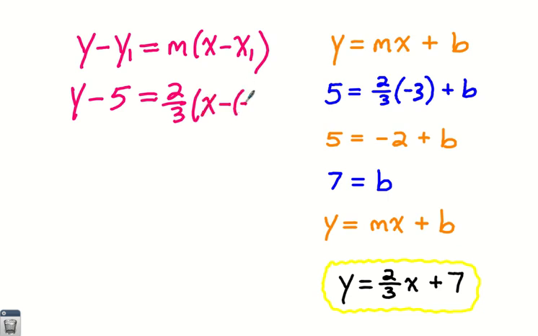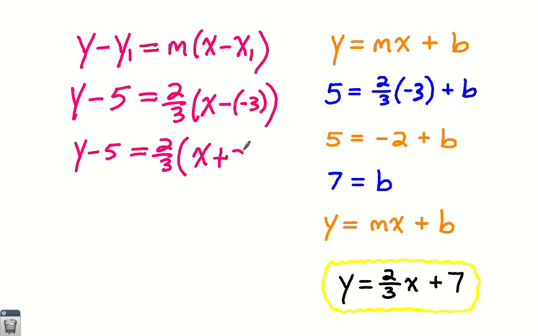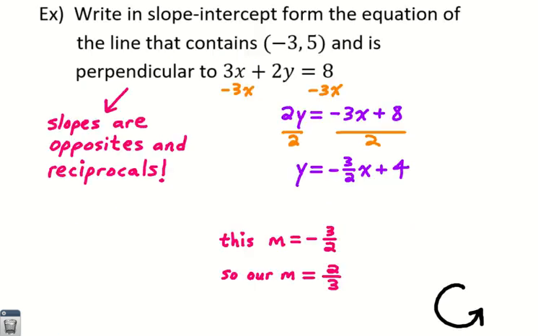And so, normally I am way more heads up and just immediately write this as x + 3 instead of x - -3. Now I'll distribute, of course, on my way to slope-intercept form, because did it say? Yes, it did. Slope-intercept form.